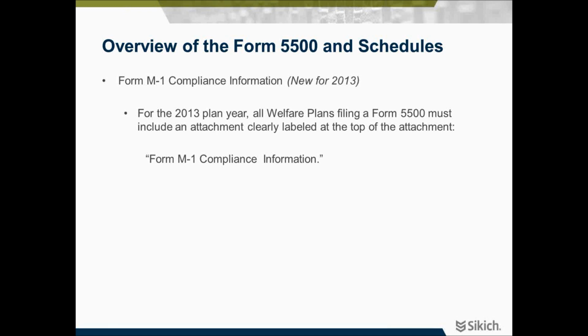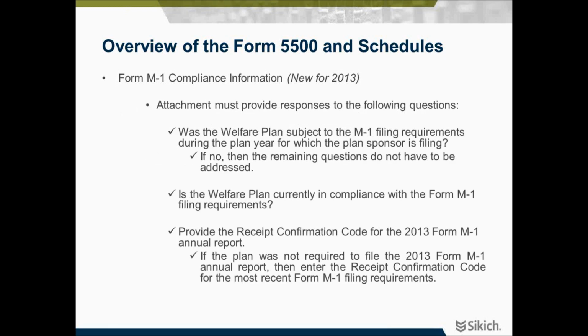So for all welfare plans for the 2013 plan year, if you're filing a Form 5500, you have to include an attachment with your Form 5500 that's clearly labeled at the top of the attachment, Form M-1 compliance information. The attachment has to provide responses to the following questions.